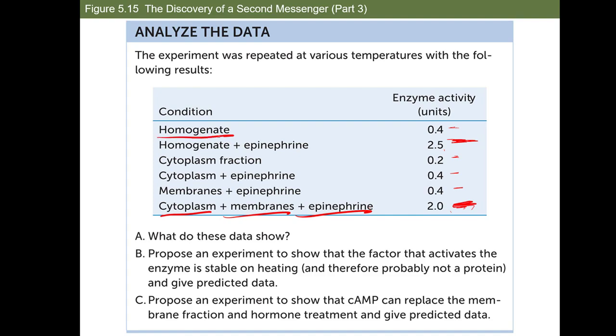So here the homogenate is just the membranes plus epinephrine. So the homogenate is just the liquid solution. So membrane plus epinephrine, the solution created from those two is the homogenate.